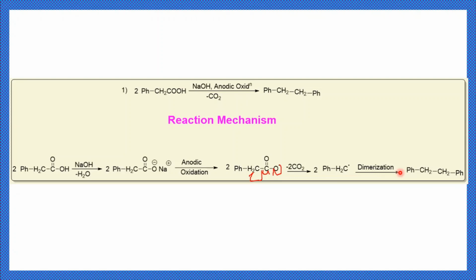Kolbe electrolysis is an electrochemical decarboxylation reaction of the salt of a carboxylic acid, which produces radicals, and these radicals couple with each other and give a dimerized product. This reaction is also called decarboxylative dimerization.